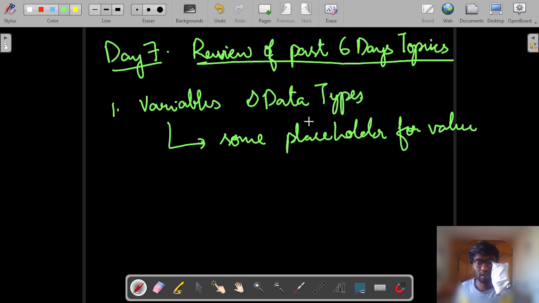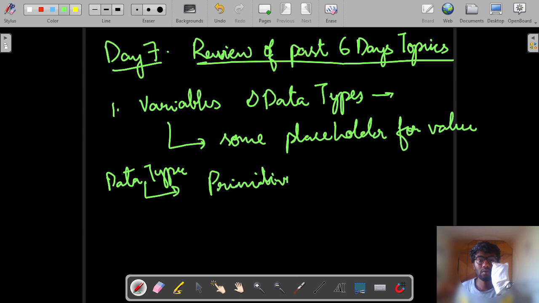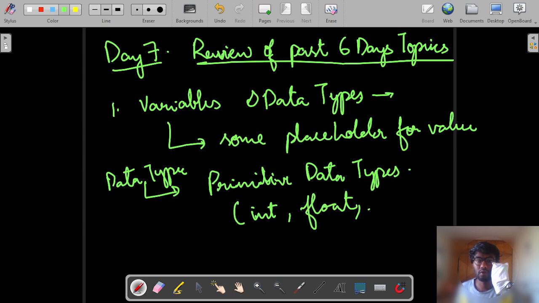And data types were primitive data types like int, float, bool, and so on.